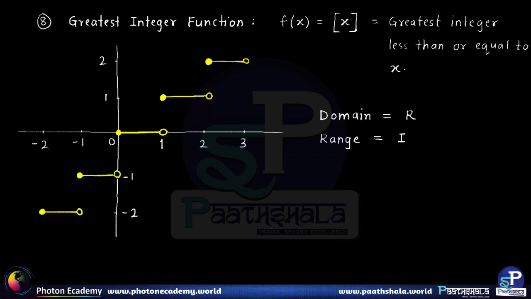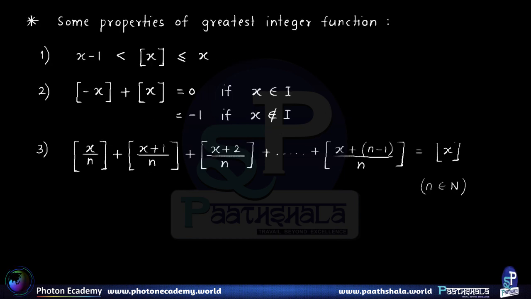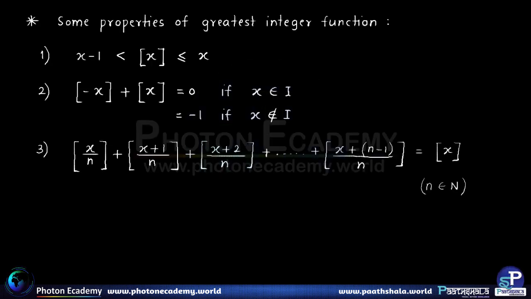Now let us see some of the important results or properties related to this function. The first property says that x minus 1 is less than bracket x, which is less than or equal to x.